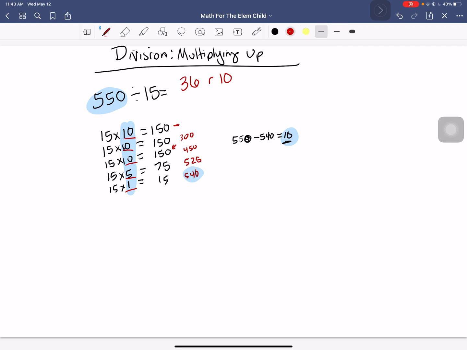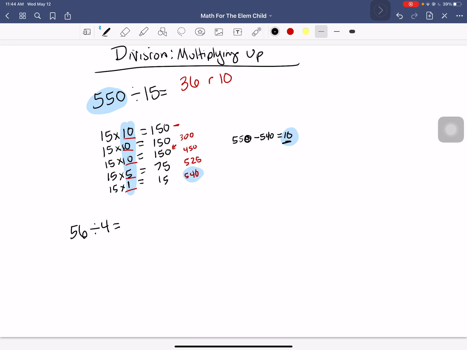Let's do a way smaller one. Let's do 56 divided by 4. I already know what the answer to this is, just from multiplication. But since we're doing division, we can do how many times 4 goes into 56.